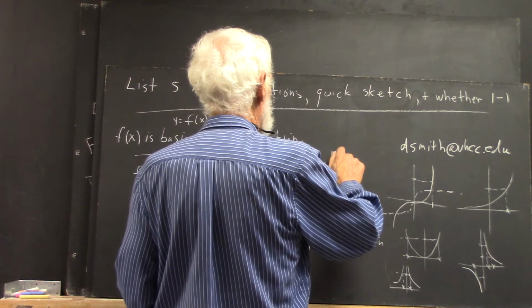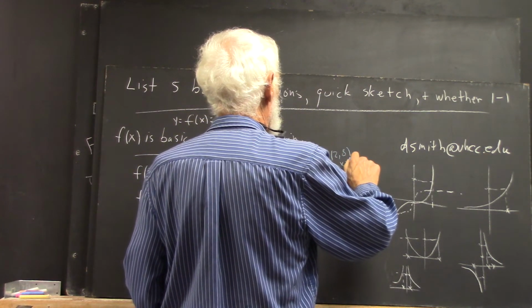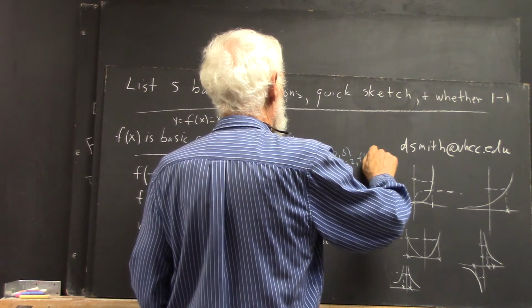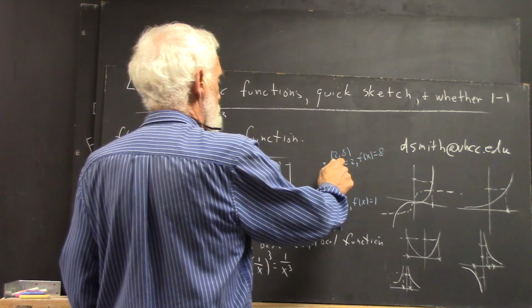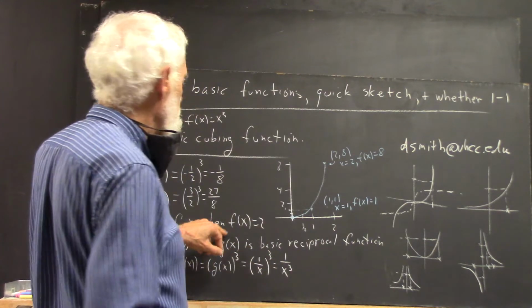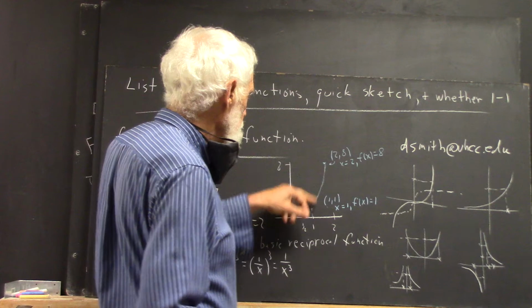Here's the point 2, 8. X equals 2. F of x is 8. Now, what about the point where f of x is 2? Well, let's see, f of x is 1 here, it's 8 here.